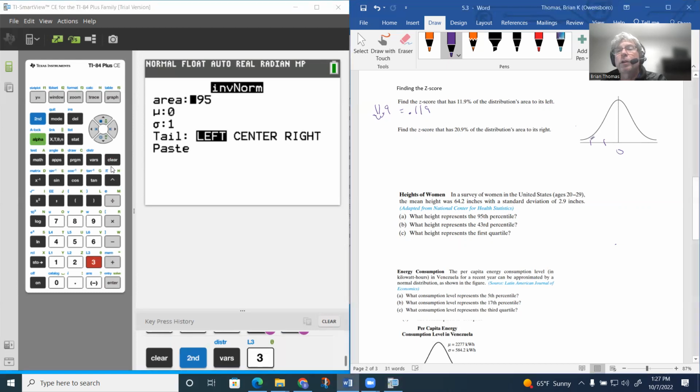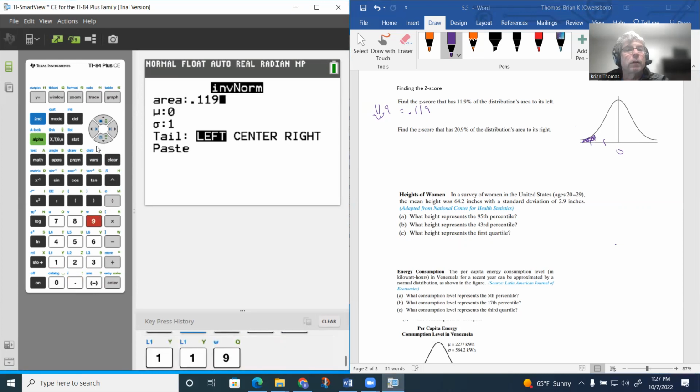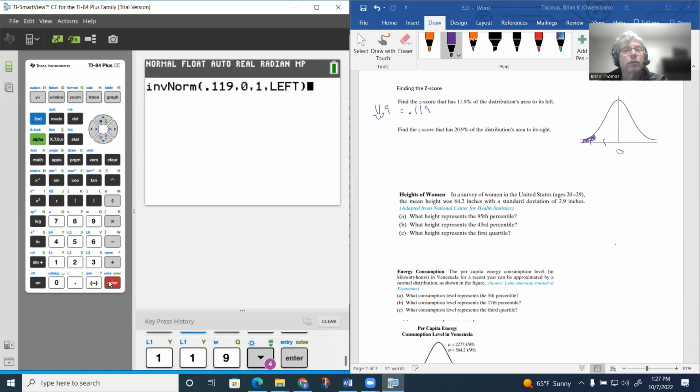So we are going to be this way, 11.9%. So it's going to be somewhere in that area. So we put the 0.119. And again, we always like to kind of go left there. Makes better sense. And we do get this z-score negative 1.18. So notice how we are between -1 and -2. So my estimation wasn't too bad there. So the z-score for that would be negative 1.18.